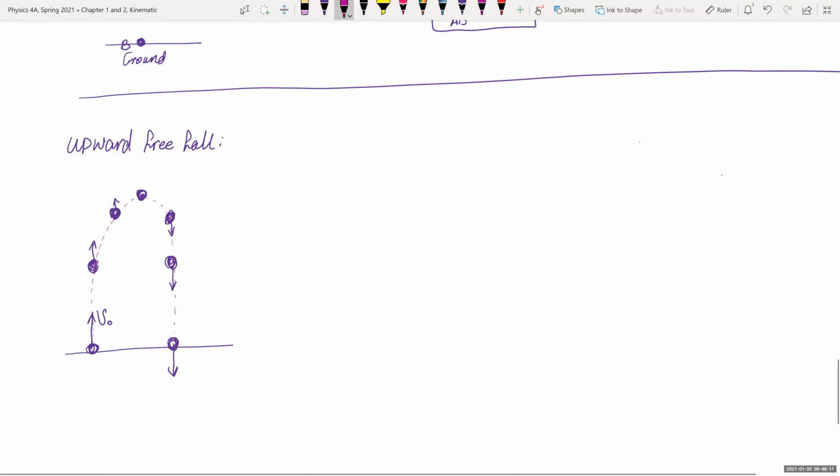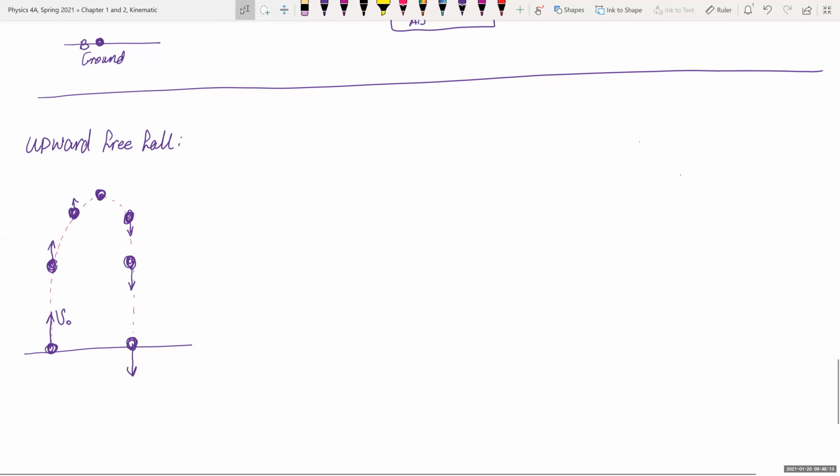What I am going to do, pay attention here, always very quickly verify your coordinate system. This is y, and the origin is here.